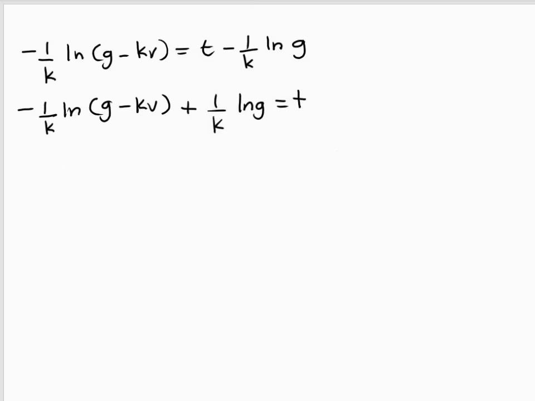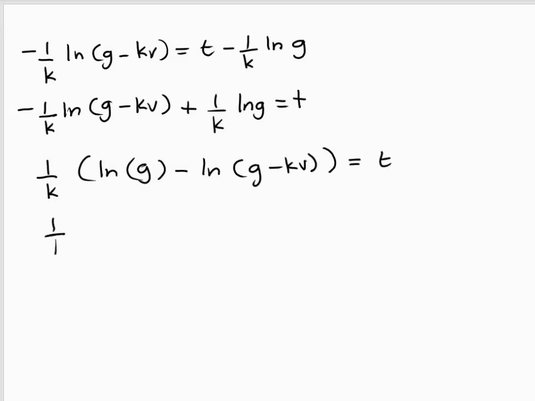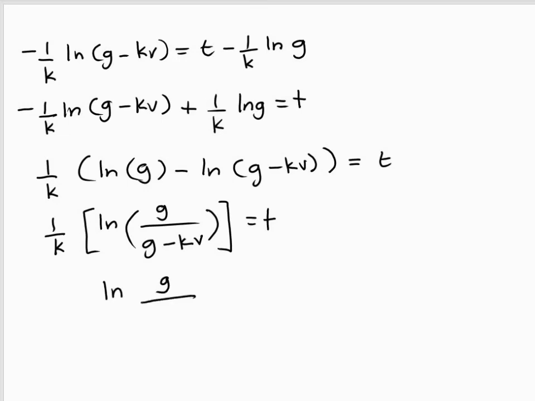Now we can factorize 1 over k, so we have ln g minus ln of g minus kv equals kt. Using laws of logarithm, we have ln of g divided by g minus kv equals kt.